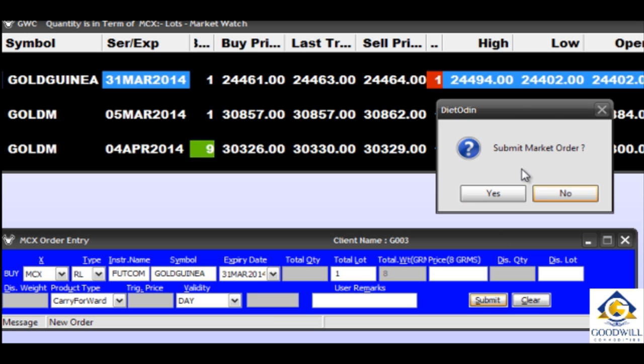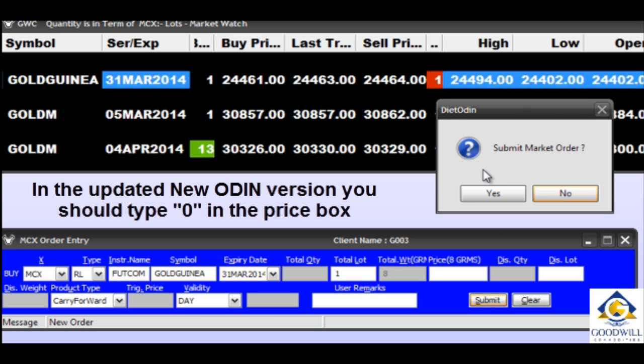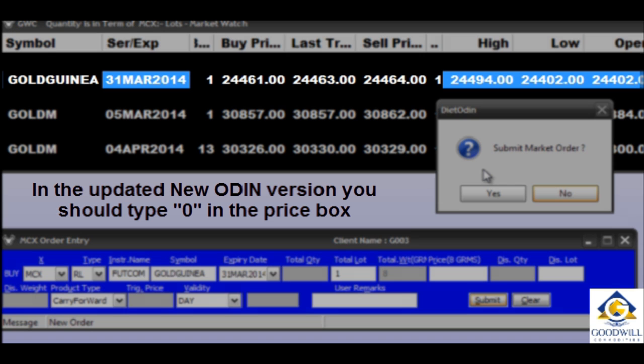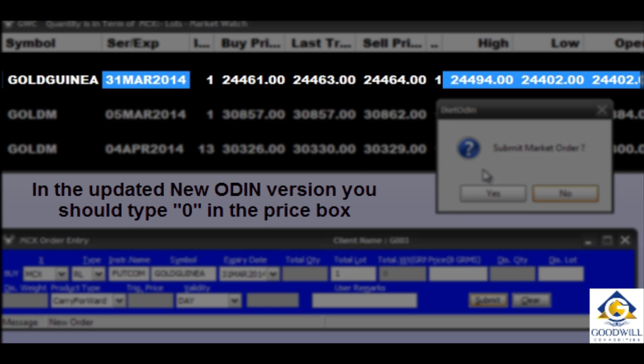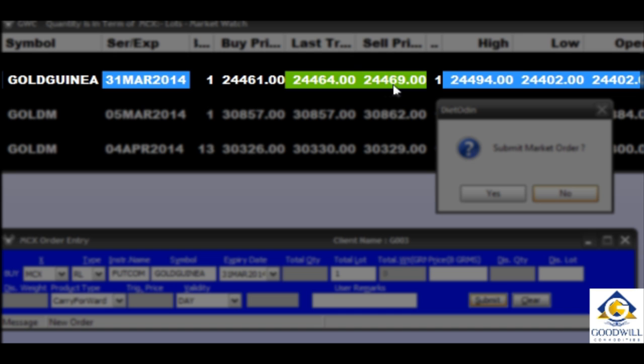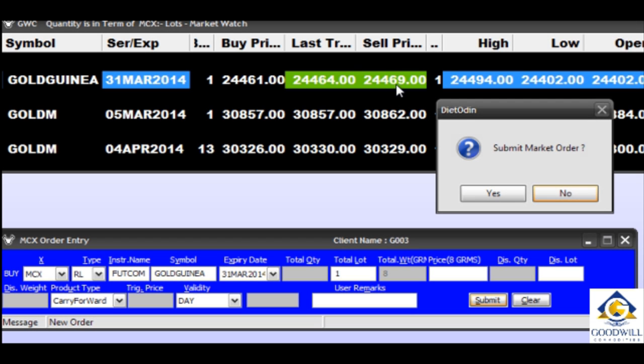Once I press submit, I am going to purchase gold Guinea at the next available market price. Even if the price changes, for example, earlier it was 24,464, now it is 24,469. It keeps on changing. Within the moment I try to place an order, it can change.